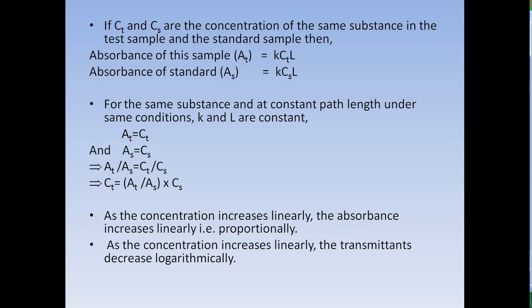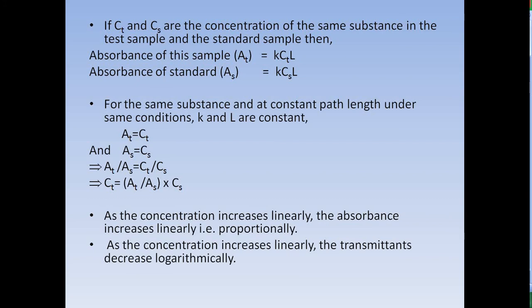Then the absorbance of the test sample is proportional to the concentration of the test sample, and the absorbance of the standard is proportional to the concentration of the standard.